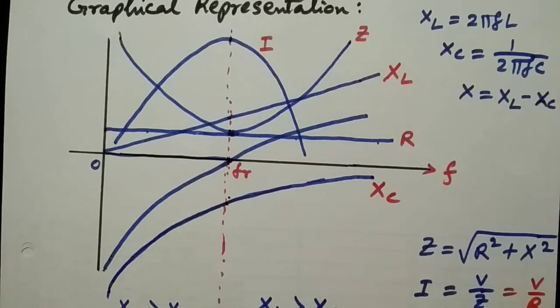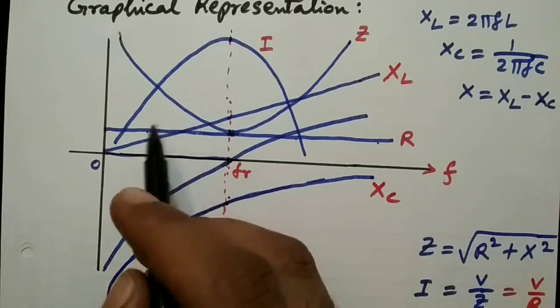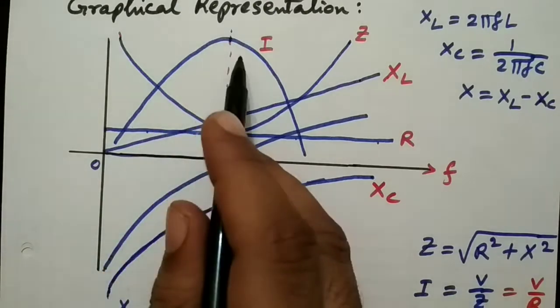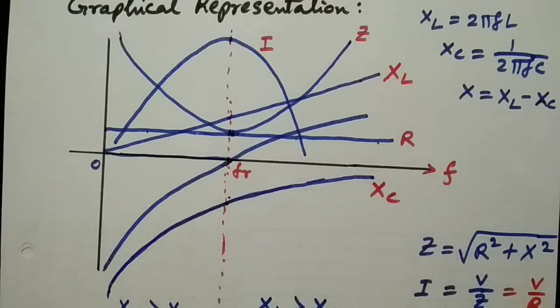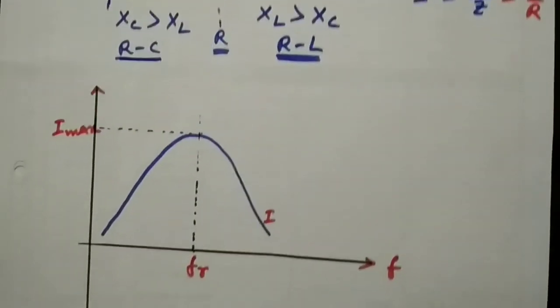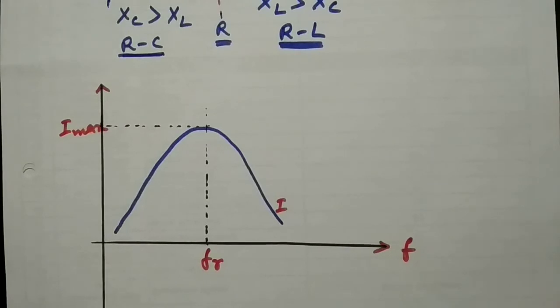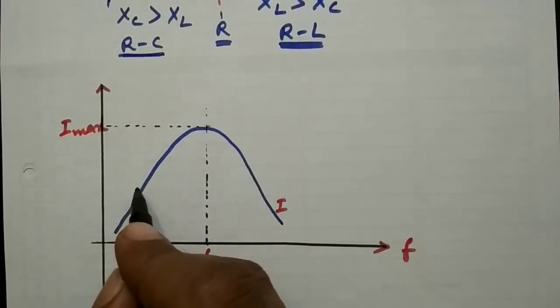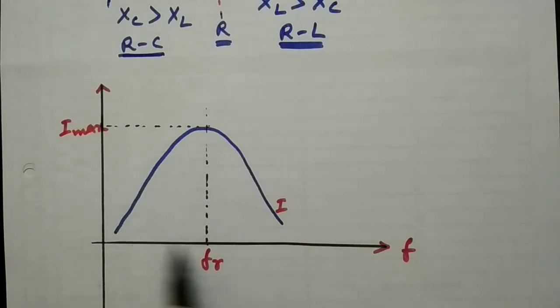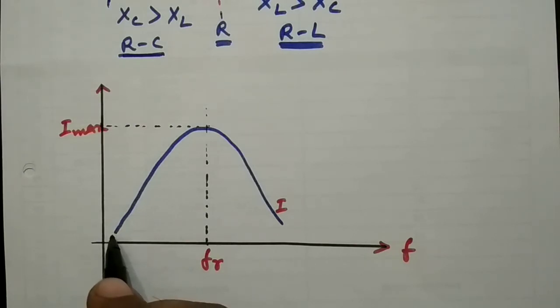Now from the graphical representation of the series resonance, if I see the nature of the current with respect to the frequency, and if we draw it separately, it will look like this. So this is the current in a RLC series circuit that changes with respect to the frequency. When the frequency is low, the current will be low.